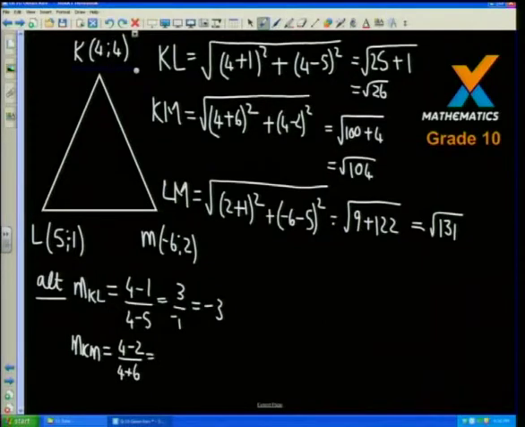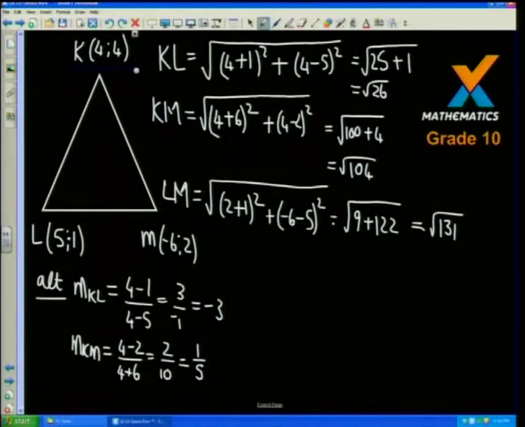Okay, and that leaves me with a beautiful 2 over 10, which gives me 1 over 5. Now, if you take a closer look at these two gradients, that product is not going to give me -1. So if I calculate my third gradient, I should get either a gradient of a third or a gradient of -5, if indeed there is a right angle in that triangle.